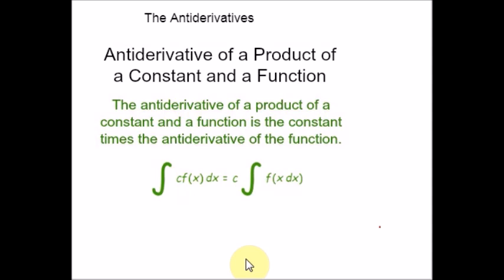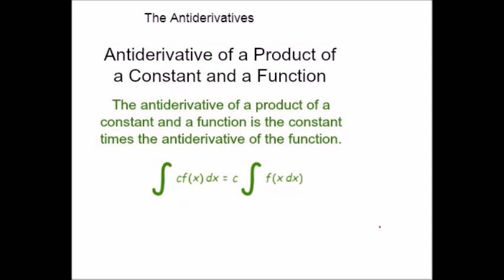In our examination of derivatives of rectilinear motion, we showed that given a position function s of t. Hope you have watched that video. For now, let's look at the terminology and the notation for antiderivatives and determine the antiderivatives for several types of function. We examine various techniques for finding antiderivatives of more complicated functions.